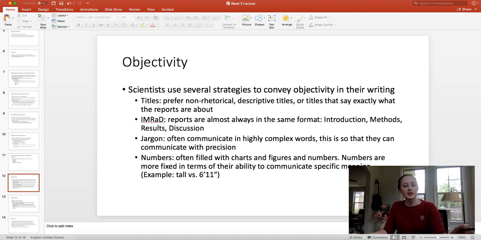So the introduction is where they'll give context to, okay, this is the research around this topic and why this is important. Methods, they will talk about the methodology. What exactly did they do in this experiment? Results are, okay, what were the results of that experiment? And then discussion, that is where they are interpreting those results.